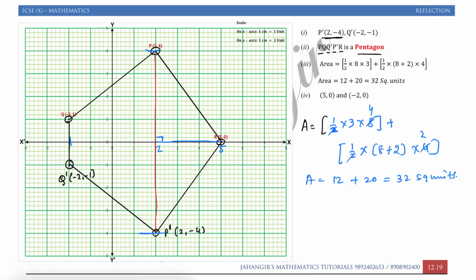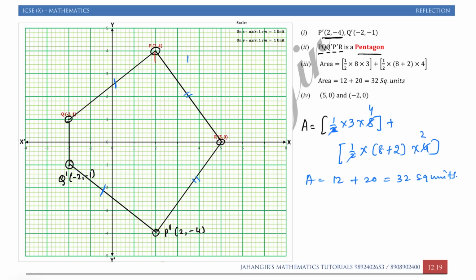Okay, hope you got the area properly. Now we have to find the perimeter. For the perimeter, we will use the distance formula. We know these two sides are equal, this side is equal to this side, so let us find it with the distance formula.